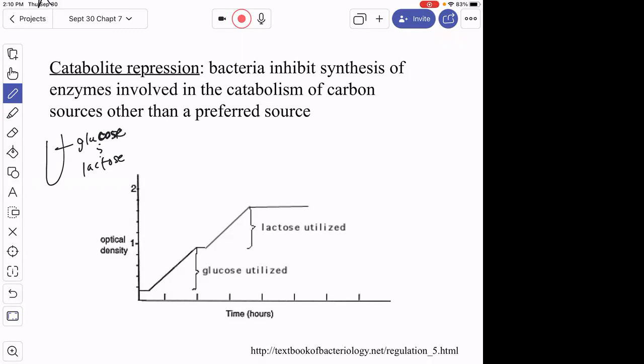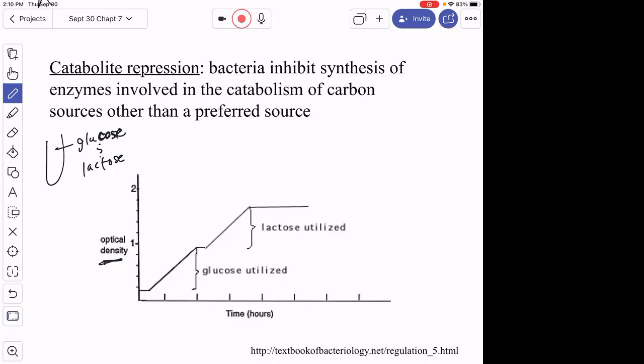Okay, so we inoculate an organism into a broth test tube that has both glucose and lactose, and we count the cells in that test tube, the easiest way being with a spectrophotometer. So we look at the cloudiness of it over time in order to construct a growth curve.